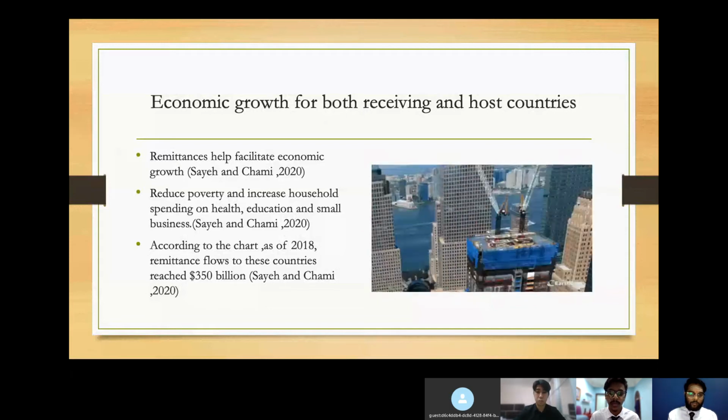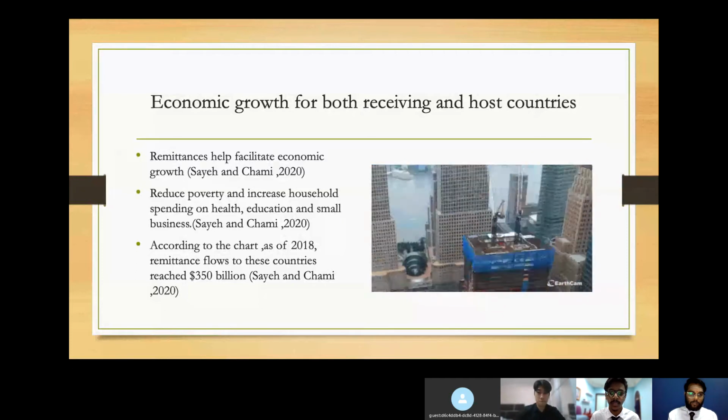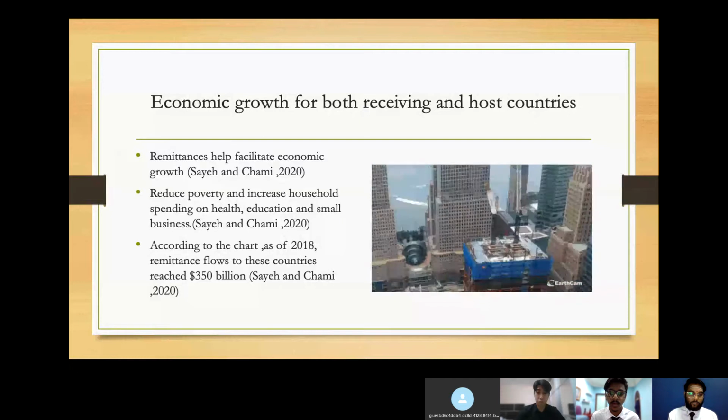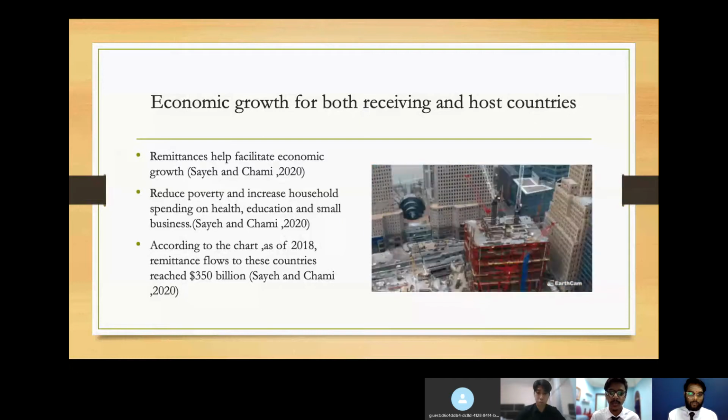Studies have shown that remittances can reduce the depth and severity of poverty in developing countries, and that they are associated with increased household spending on health, education, and small business.